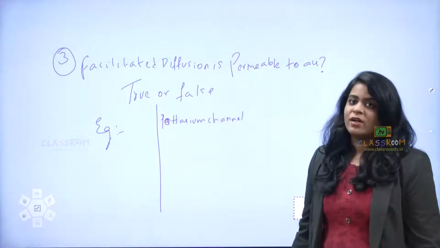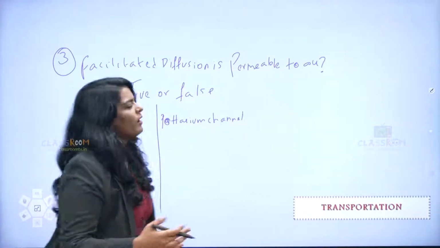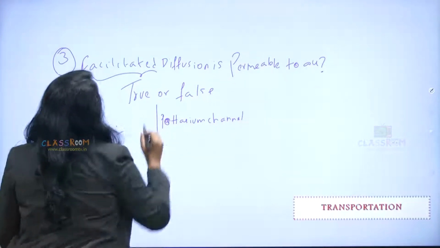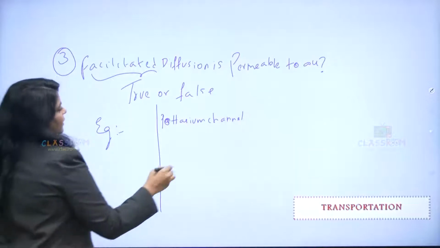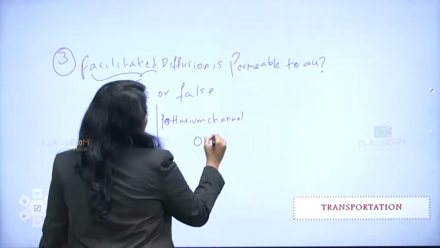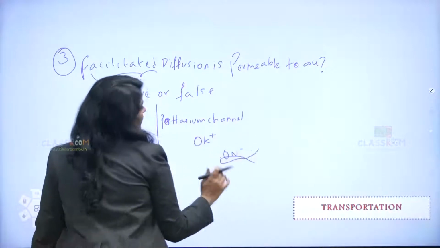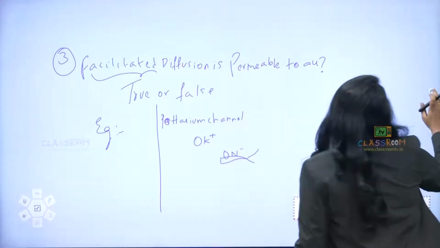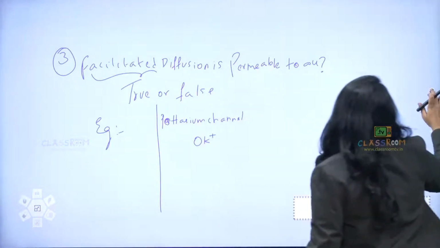I don't think so, because by the name itself, when you don't understand something, break the word. So facilitated means it allows only a few things. Okay, so suppose this is a potassium ion and this is a sodium ion. Actually, let me give you an example showing the structure.